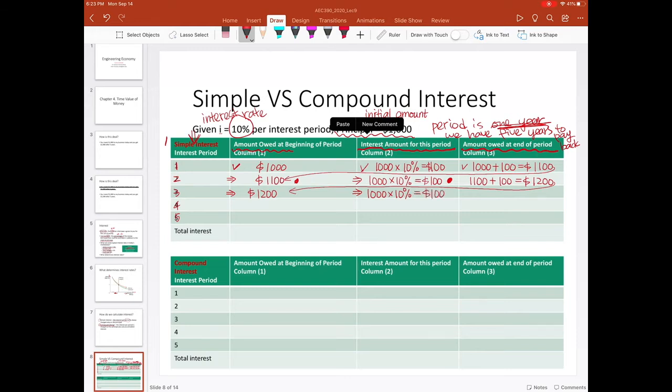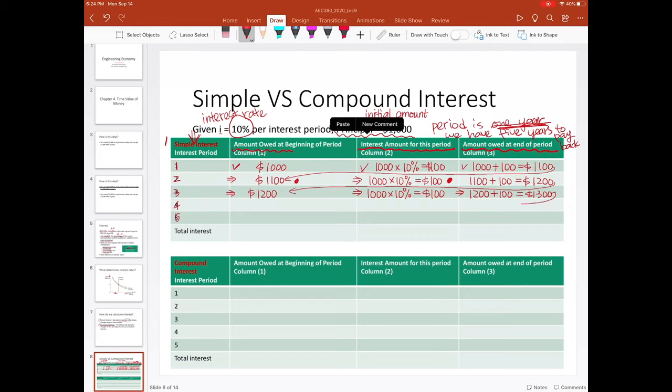So it's still $100. And at the end of the third year, you owe the bank $1,200 plus the interest. That will be $1,300.